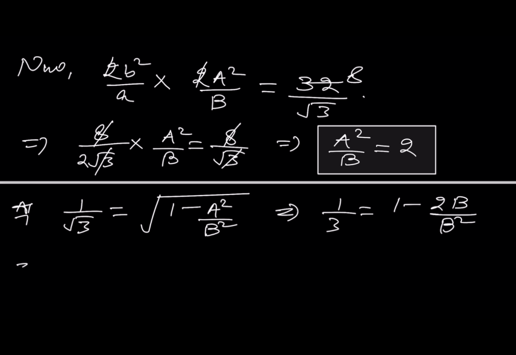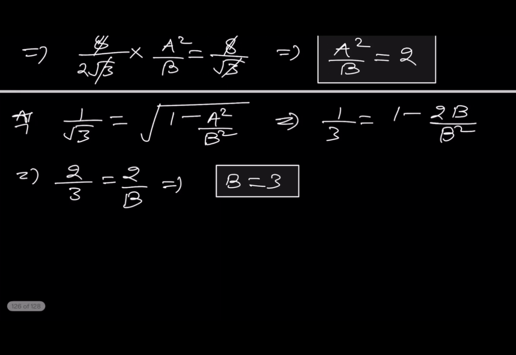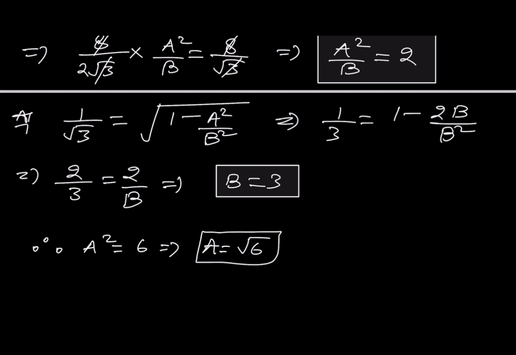So 1 minus 1 by 3 is 2 by 3, so 2 by 3 is 2 by b, so b is equal to 3. B is 3, so a square is 2 into 3, that is 6, means a is root 6.